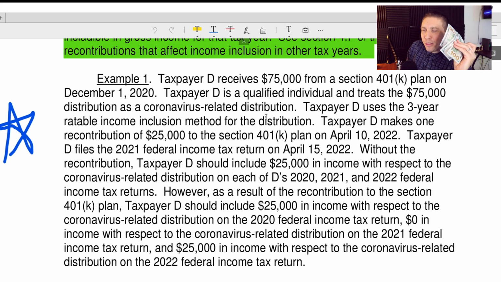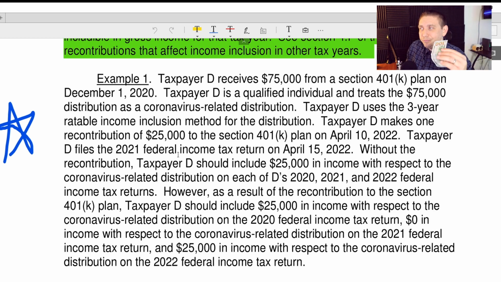Taxpayer D uses the 3-year ratable income inclusion method for the distribution, which means they're going to report it over 3 years. Taxpayer D makes one recontribution of $100 to the Section 401k plan on April 10th of 2022.